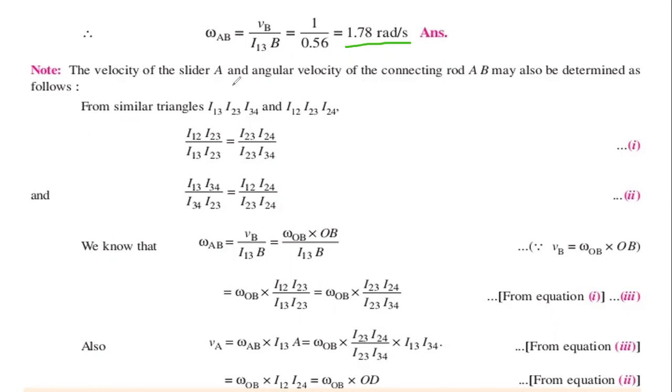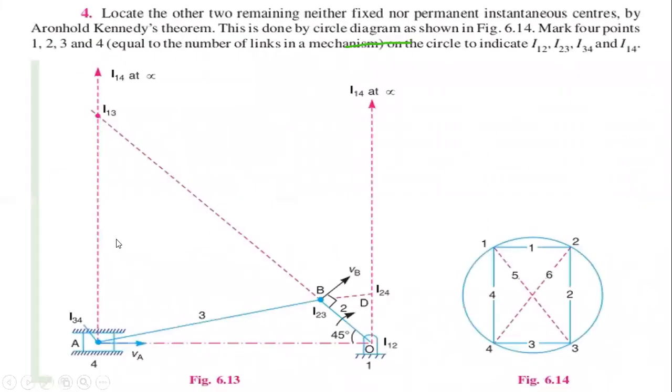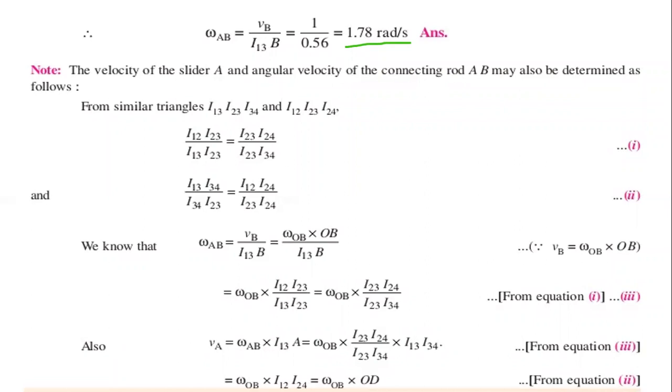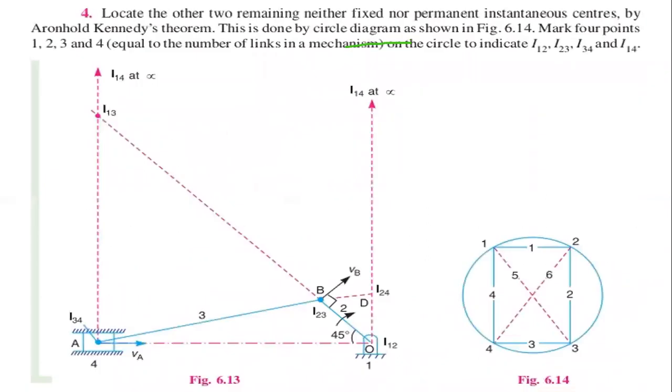The velocity of the slider A and the angular velocity of the connecting rod AB may also be determined as follows. This can also be taken from the similar triangles of two sections, that is I13, I23 and I34, and I12, I23, I24.